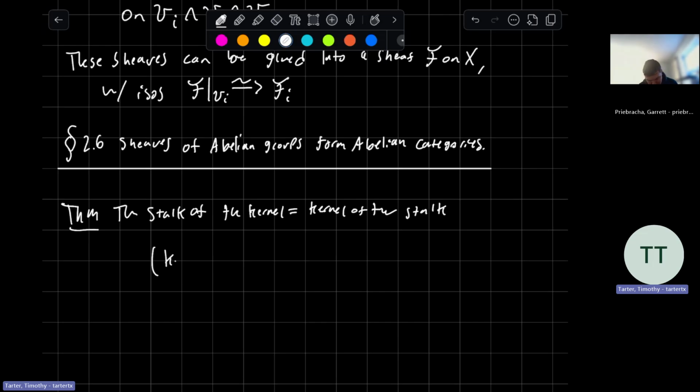Rather, the kernel of a map from F to a sheaf G, stalked at P, is isomorphic to the kernel of the map on the stalks at P.